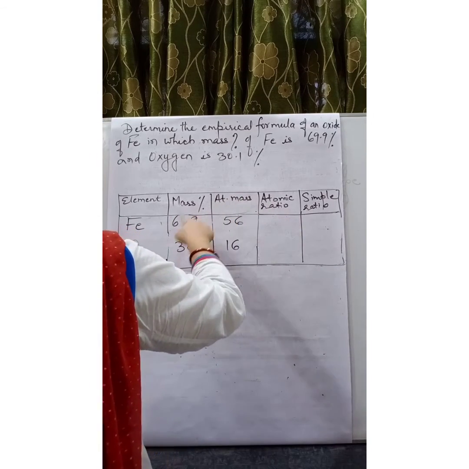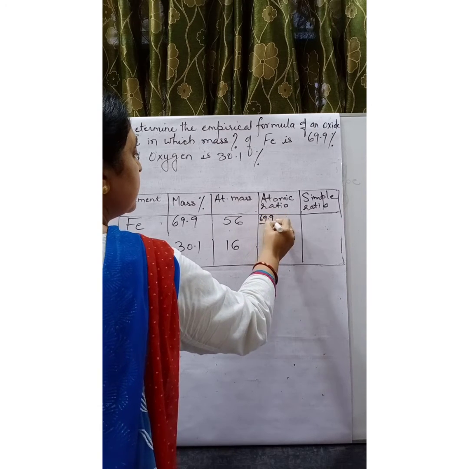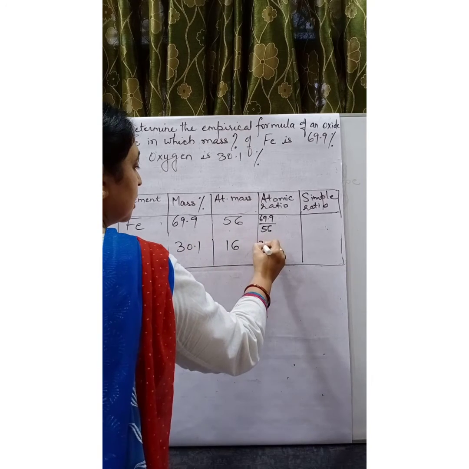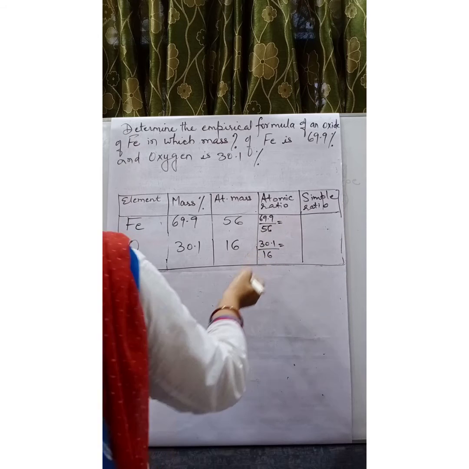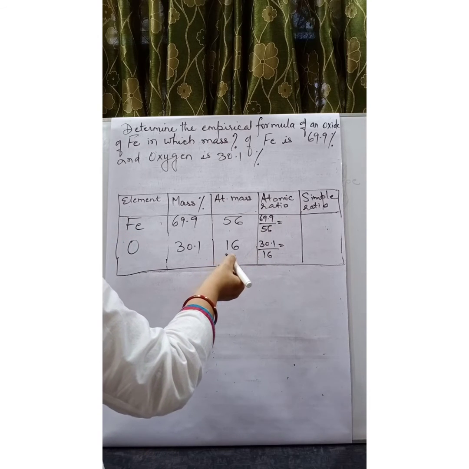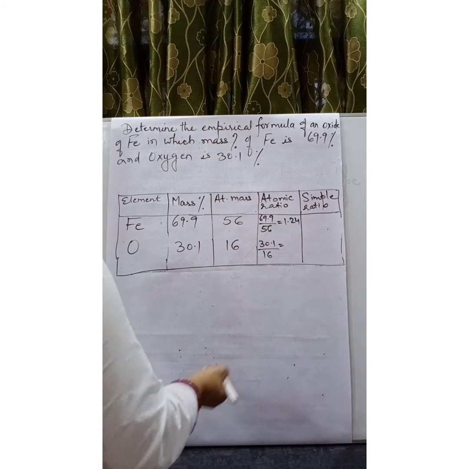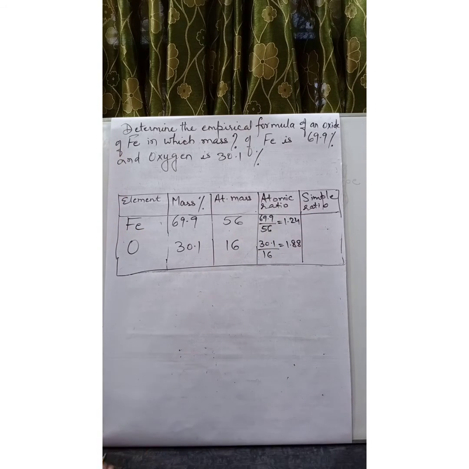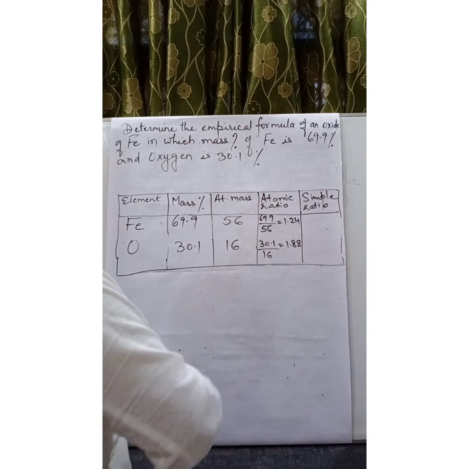Mass percentage divided by atomic mass. 69.9 divided by 56, oxygen 30.1 divided by 16. Solve it. When you solve this, you get 1.24 and 1.88. Calculate only to 2 places of decimal here and do not round off.